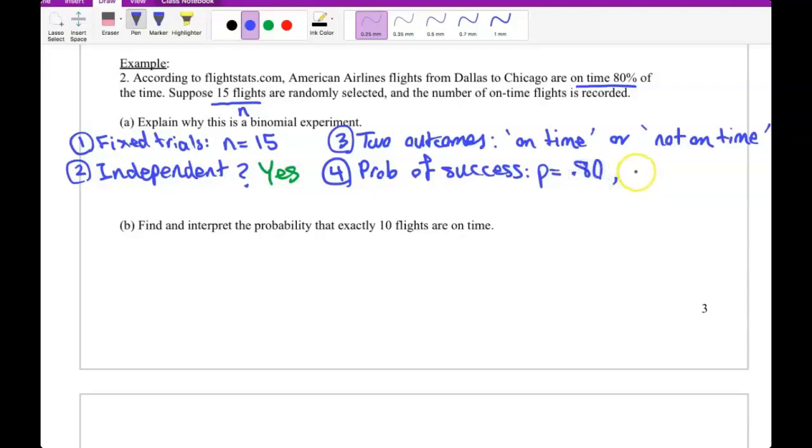Based on that, the probability of failure q is 1 minus p. So 1 minus 80% is equal to 20%. So this is failure.